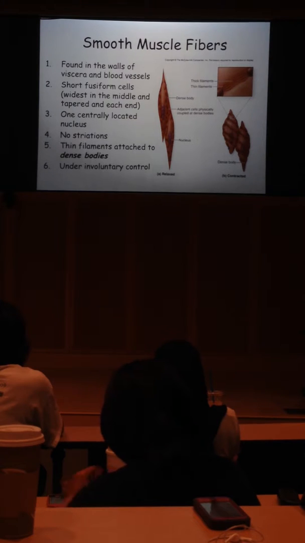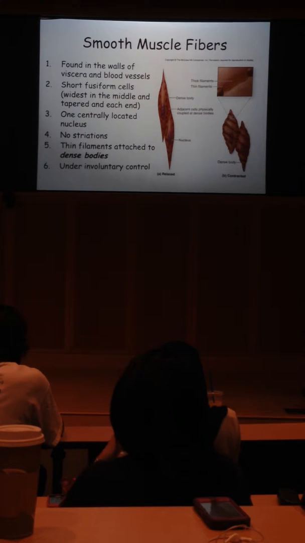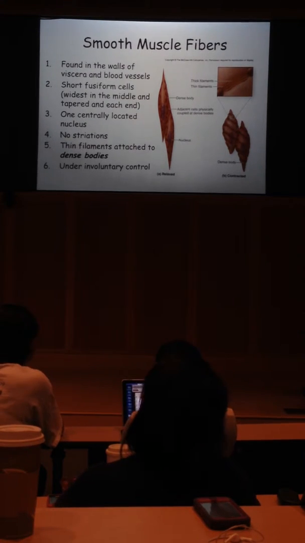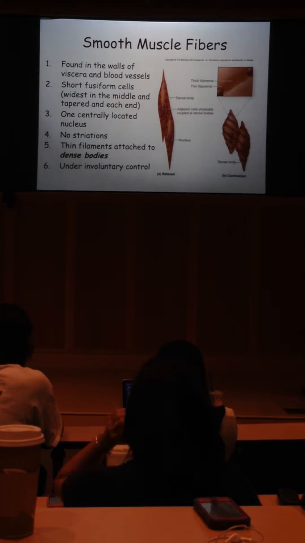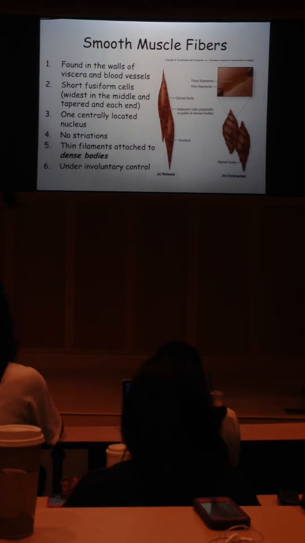The main other thing about smooth muscle is that you find it surrounding the organs and all the blood vessels. You're not going to find skeletal muscle surrounding the uterus or the blood vessels. It's all going to be smooth muscle. And I mentioned last time that the properties of smooth muscle are fairly diverse. I will talk about the contraction mechanisms, and I'll highlight what is always constant and what really changes from smooth muscle to smooth muscle.